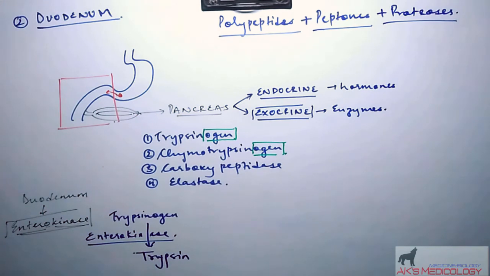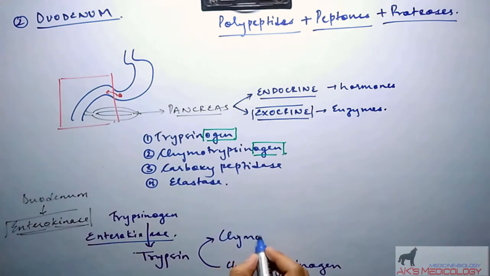Now, as we considered earlier that the pancreatic enzymes are activated with the help of a cascade mechanism, this activated trypsin leads to the further activation of inactive chymotrypsinogen into chymotrypsin. So it is trypsin which helps chymotrypsinogen to get activated into chymotrypsin.